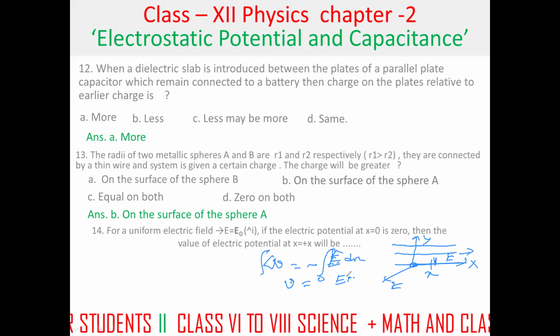Now it should be like this, r from 0 to x, and the minus symbol is there, so this should be minus E x. Okay, this is the value.